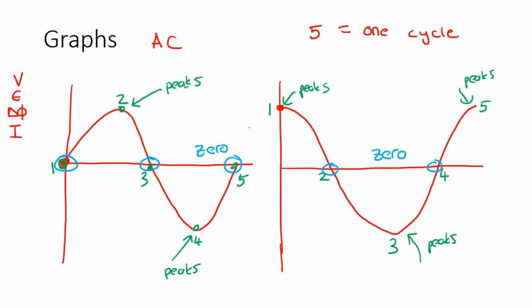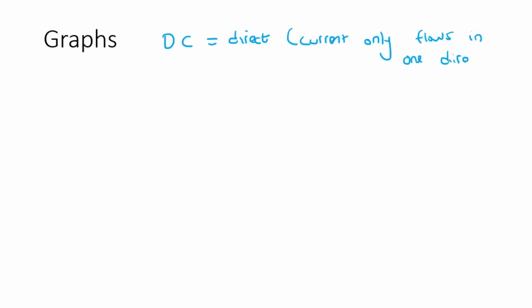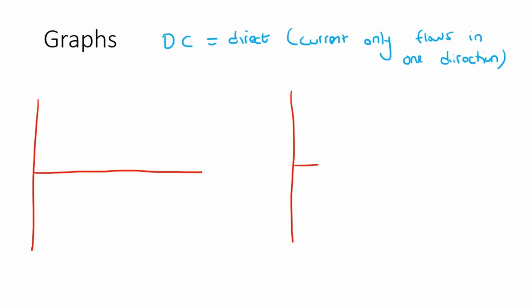Now, if we look at DC, remember DC means direct, which means that the current only flows in one direction. So the way that this one looks is, once again, you could get two different types. Either it starts at the peak or it starts at the zero.